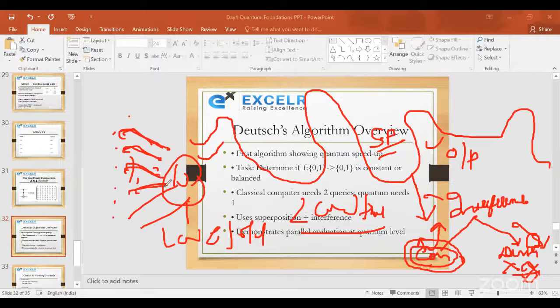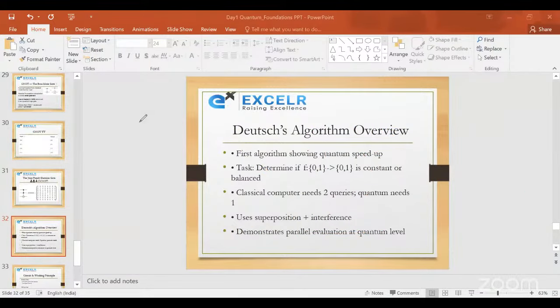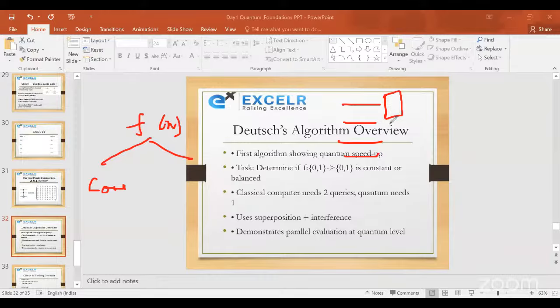Now coming to the main problem. All that is over. The main problem is that Deutsch wants to check whether this function is constant or not. To check this, he can use the Hadamard gate and the parallelism concept.